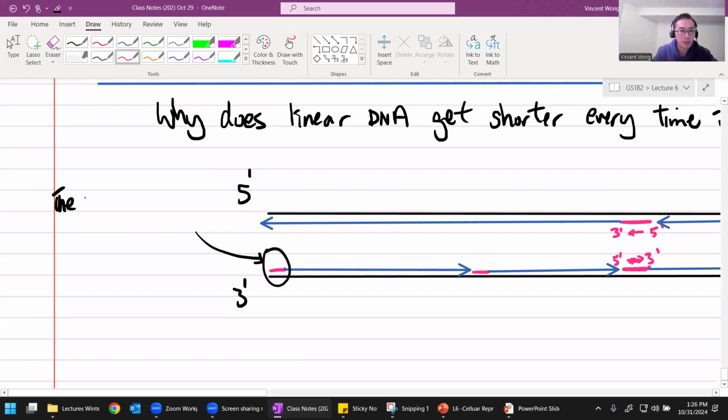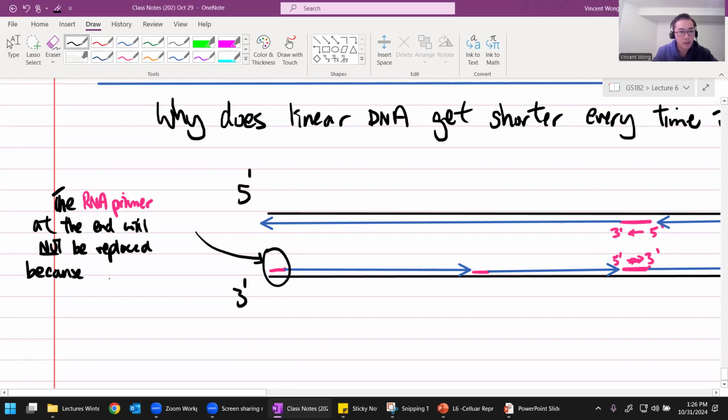The RNA primer at the end will not be replaced because no DNA polymerase 3 or 1 is coming.